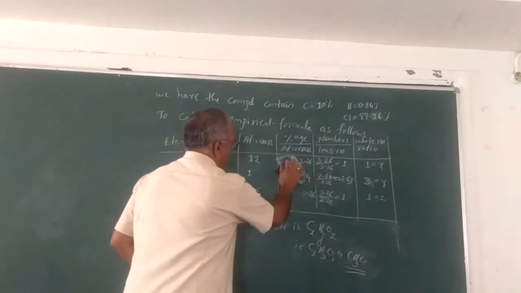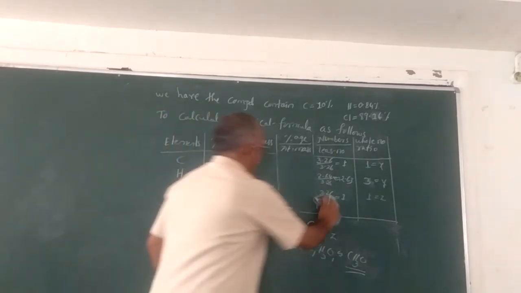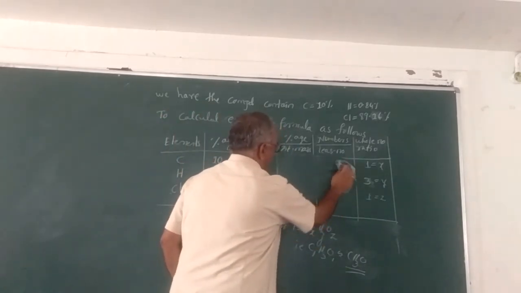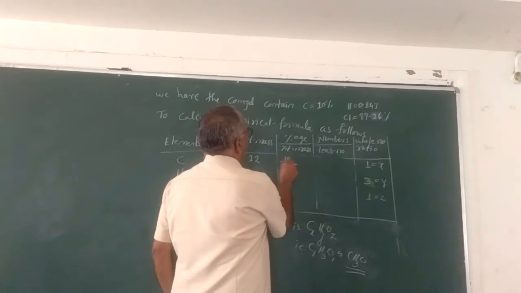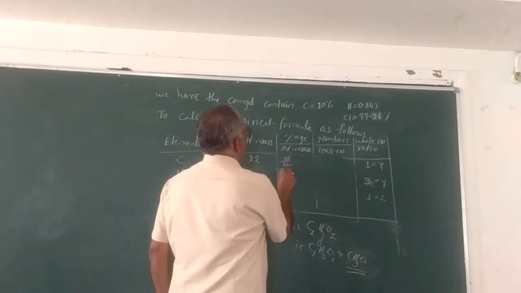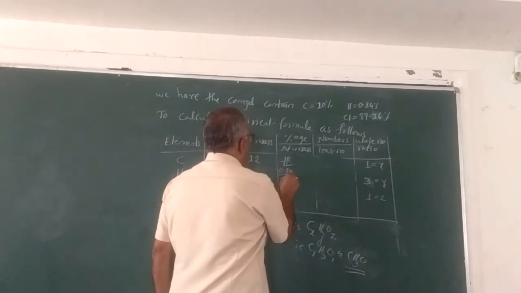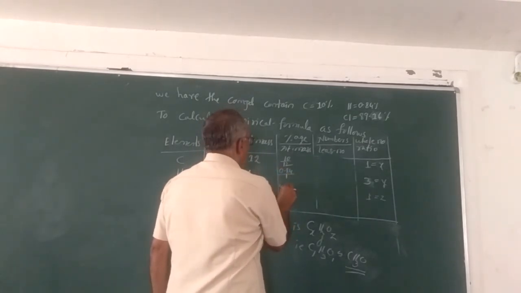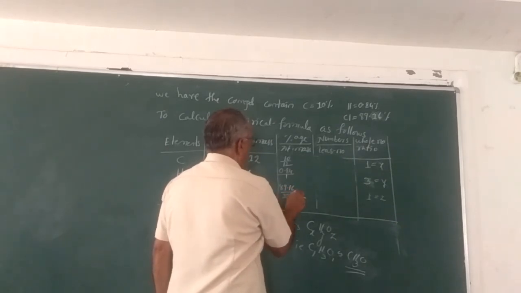Divide it. That is 10 divided by 12, 0.84 divided by 1, 89.16 by 35.5.